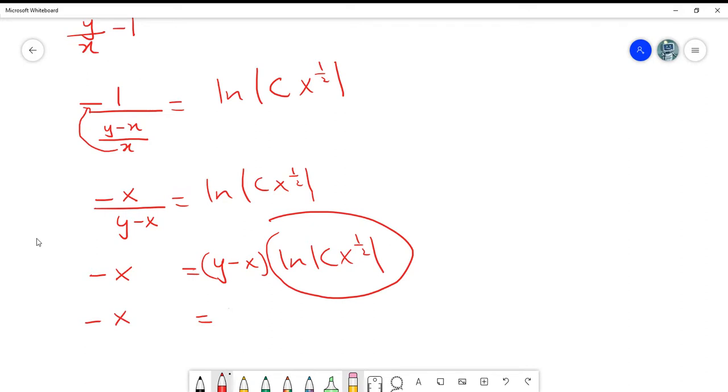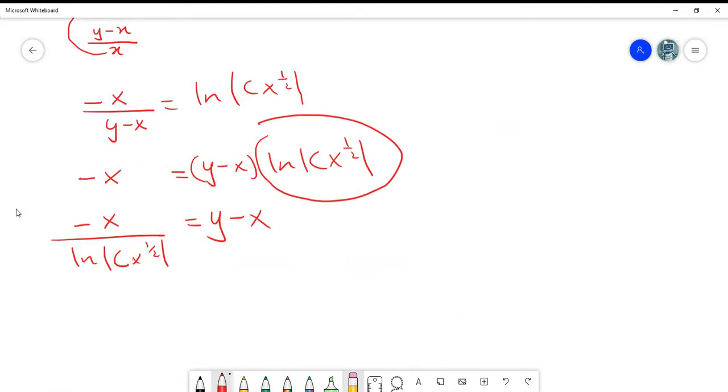So we have minus x over ln of cx to the power of 1 over 2, which is equal to y minus x. And the final step in making y the subject would be to add x on the other side. So ln of cx to the power of 1 over 2 plus x is equal to y. This is how integration by substitution works.